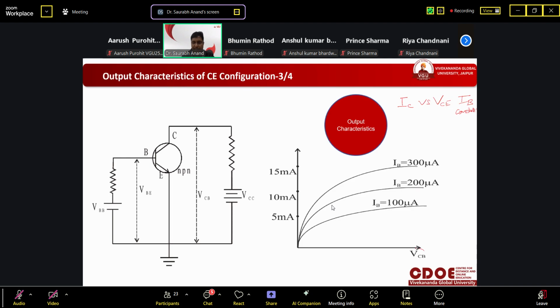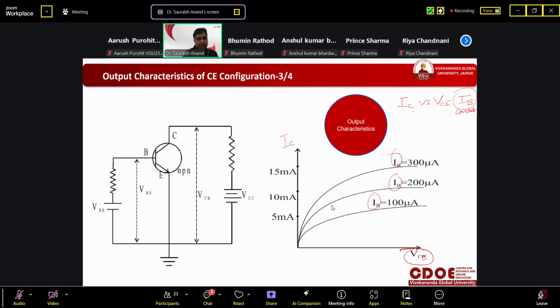So you can see here VCB. It is not VCB, it is VCE, right? And it is IC. And this IB is constant.